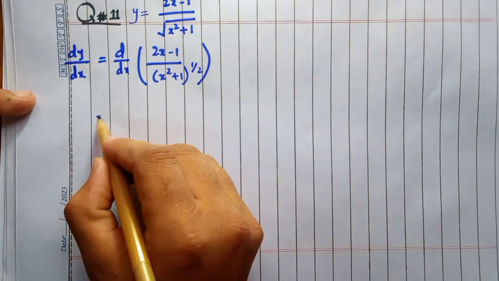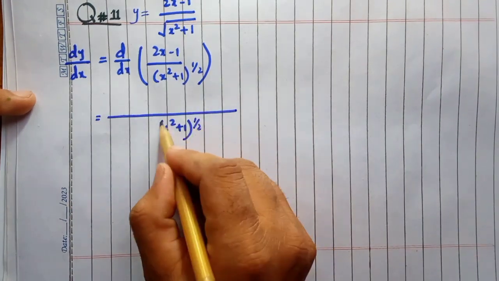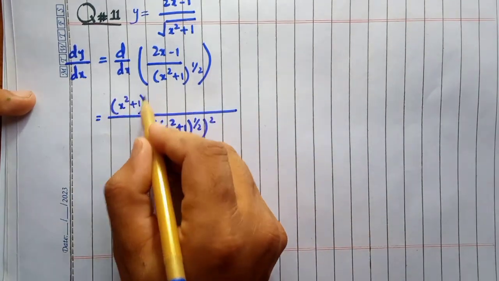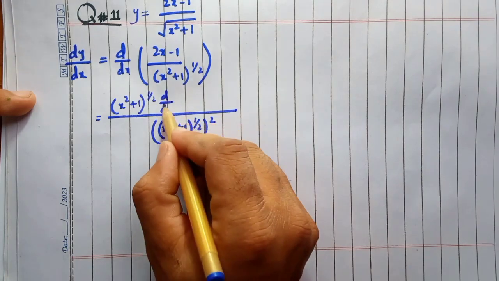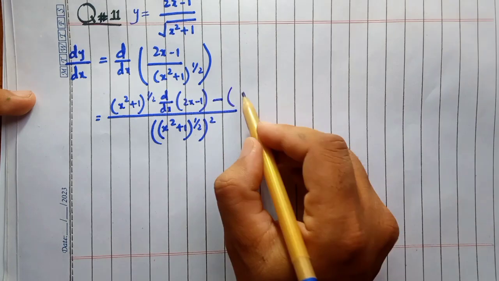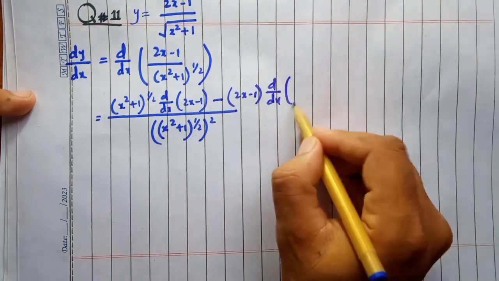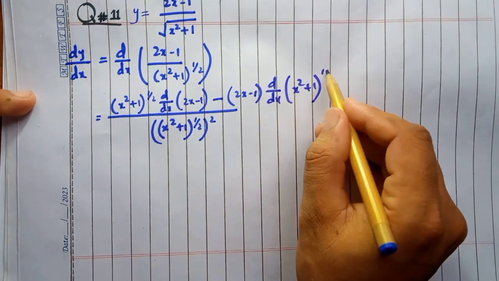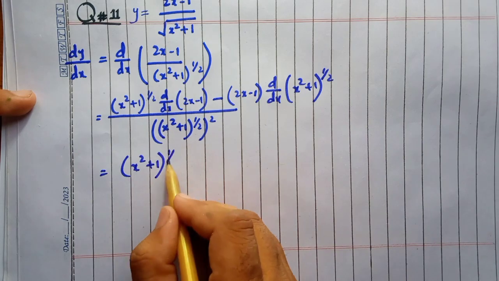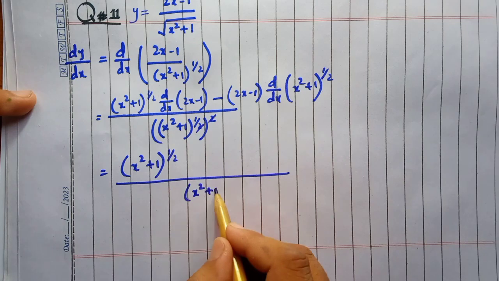So this will be equal to x square plus 1 power 1 over 2 squared, and we will write x square plus 1 power 1 over 2 times the derivative d over dx of 2x minus 1, and this will be minus 2x minus 1 times d over dx of x square plus 1 power 1 over 2. In the denominator this will cancel out, so this will simply be equal to x square plus 1.